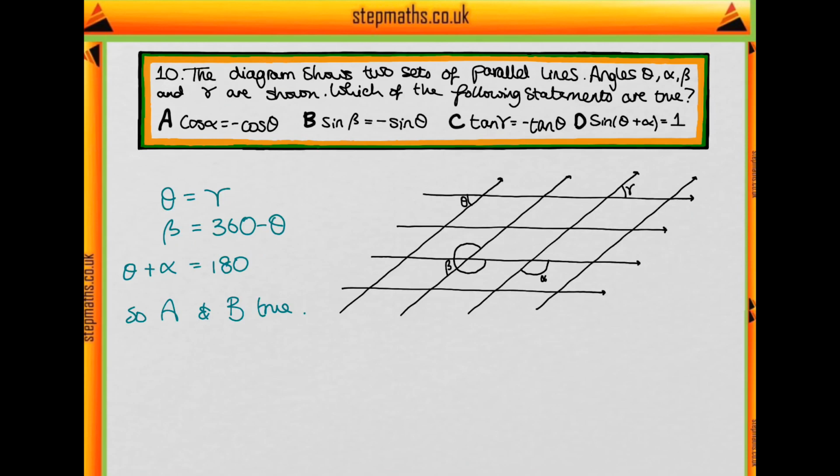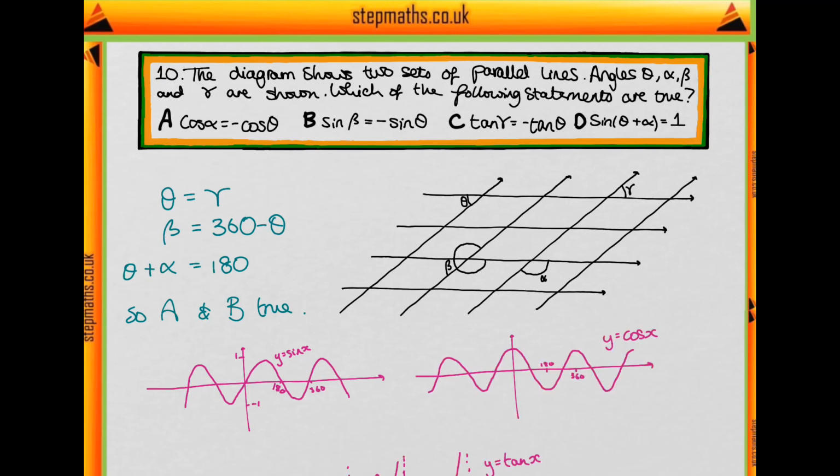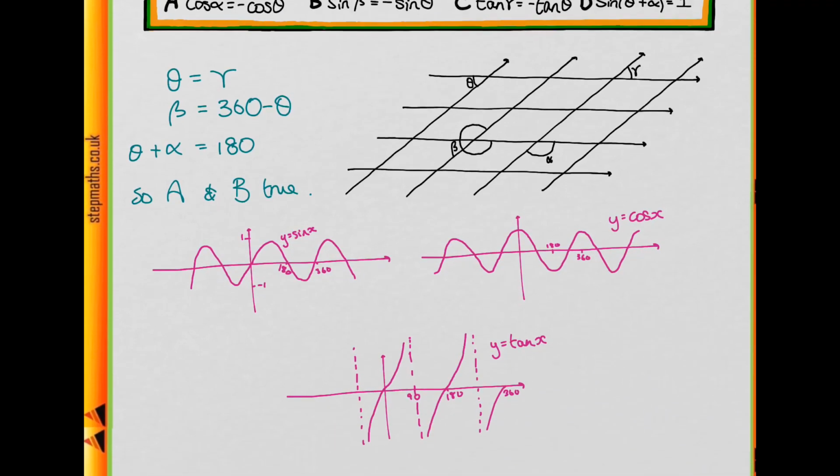If you need a little more help with seeing that these two are true, we can look at the graphs. So here's the graph of sine, and we have the graphs of cos and tan as well. So to see why A is true, cos alpha equals minus cos theta, we need to look at this cos graph here. We've got that theta is equal to 180 minus alpha.